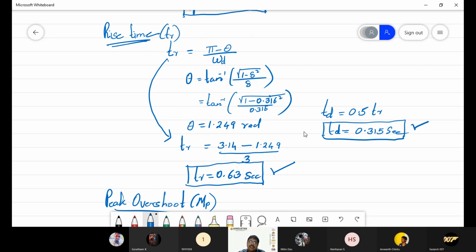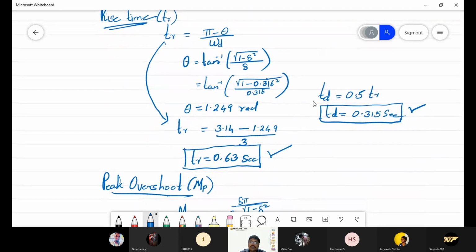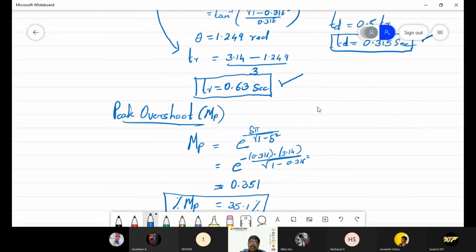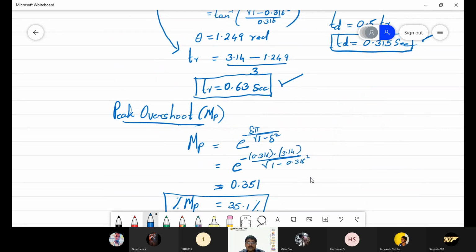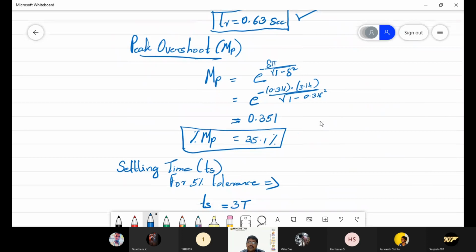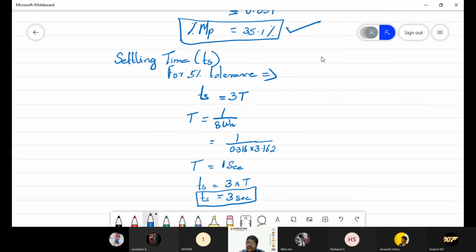So how many answers did we find out? 1, 2, 3. Then this maximum overshoot is also over, and finally the settling time we found out.